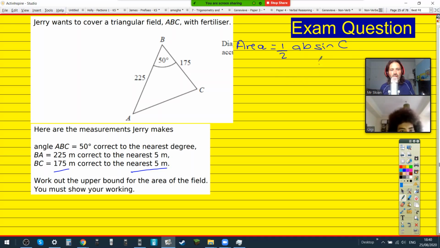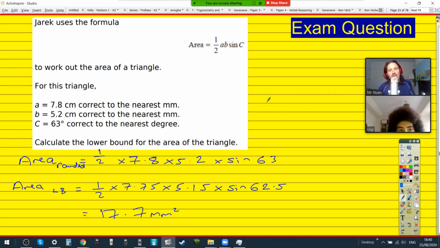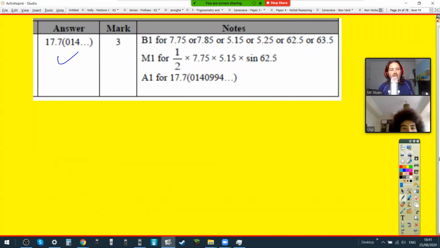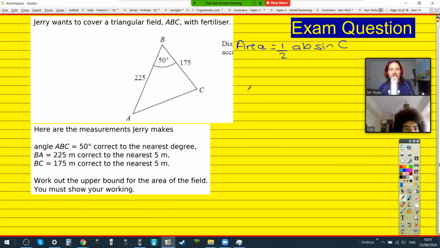Side A for our formula. What? You just did this. A half AB sine C. A half times side times side times sine of the angle between.